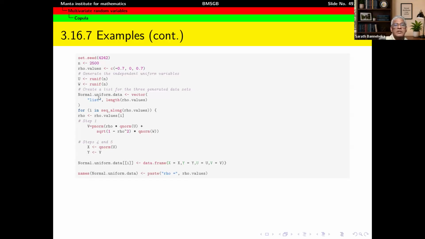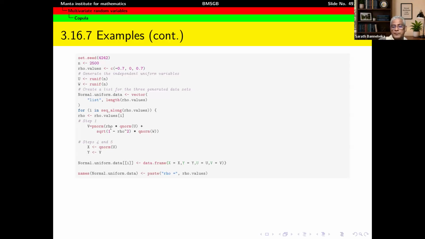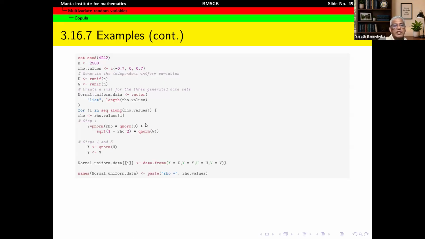The function is written to get those separately for rho equal to -0.7, 0, and 0.7. So for a given rho, when rho is equal to the ith value of rho values, V is calculated using this formula here. That is this expression: pnorm, that is capital pi, of rho times qnorm of U plus square root of 1 minus rho squared times qnorm of W. Right? So that's what I have written here.